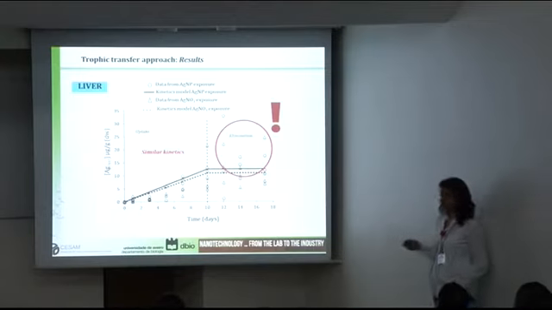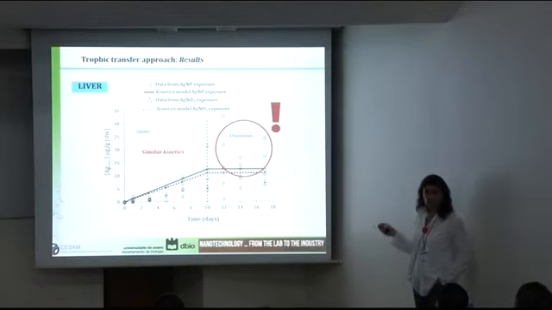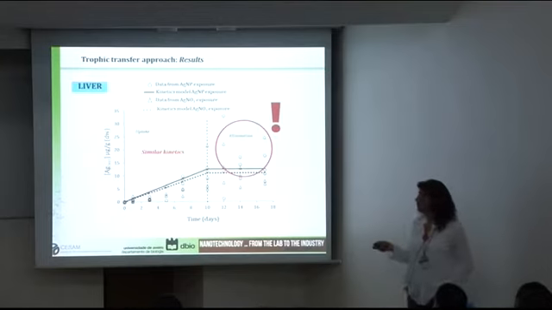And our first hint was there is no elimination. So we were expecting that the fish were able to eliminate, to excrete the silver, but they cannot excrete silver, even if it's particulated or dissolved.